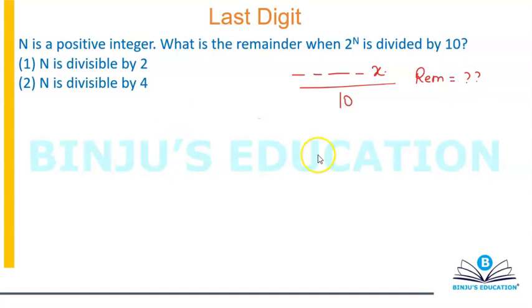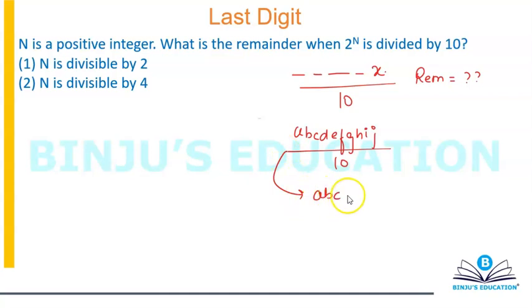If I have a number, let's say A, B, C, D, E, F, G, H, I, J, and divide by 10, find the remainder. Do I need to divide it? No, you don't have to. If you write this mathematically, then this number basically becomes A, B, C, D, E, F, G, H, I whole multiplied by 10 plus J, divided by 10.